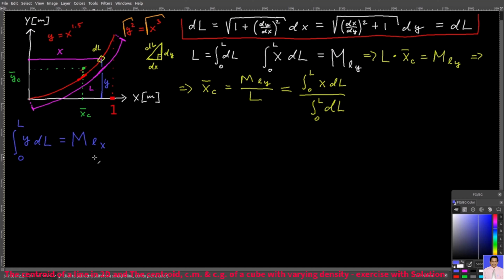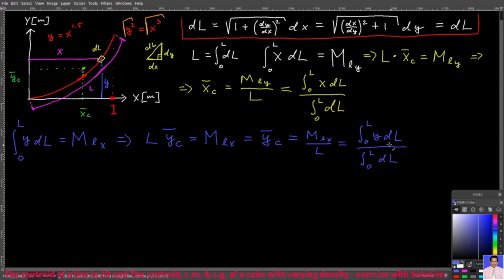We can call it mlx, and now we can say that L times y centroid equals mlx. So the y centroid equals mlx over L, or simply this integral over this integral.